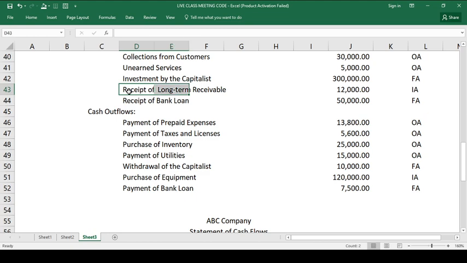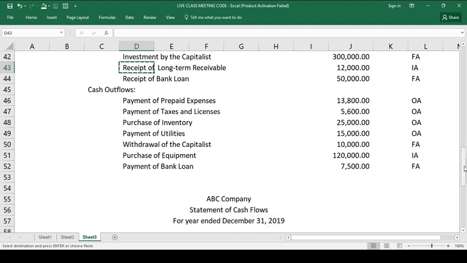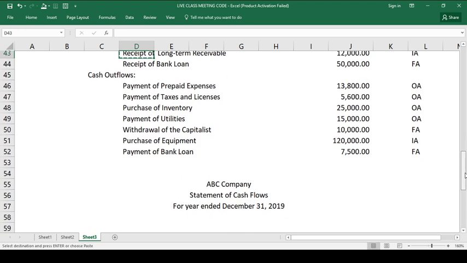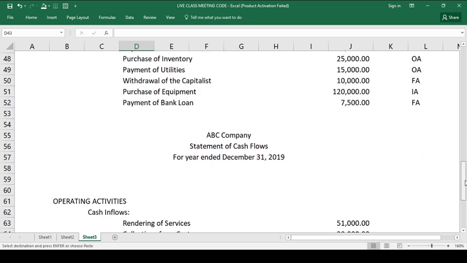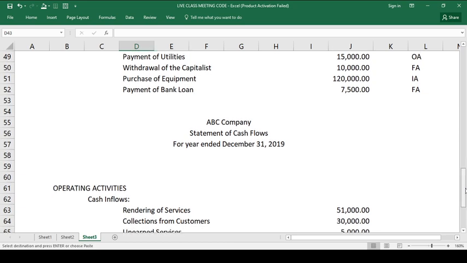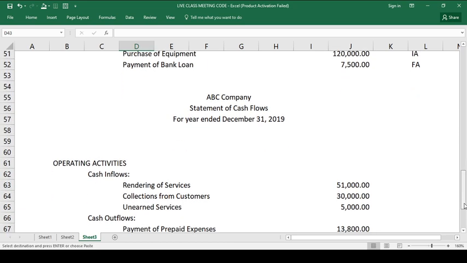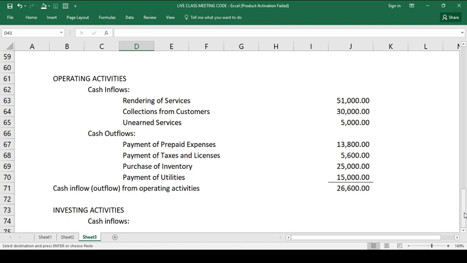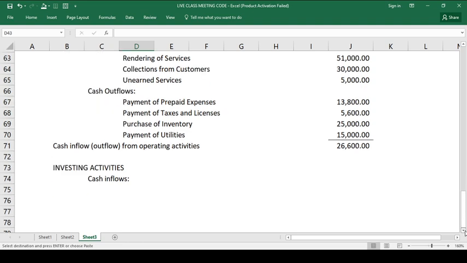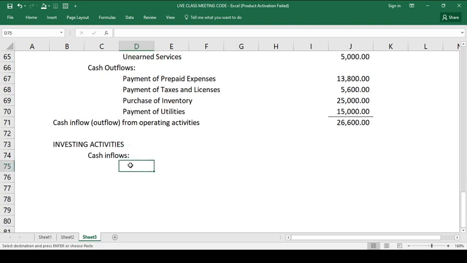So, that receipt will be, kopyahin ko lang, copy. And then, ipapaste ko doon as part of the inflow. Cash inflow, investing, then paste.